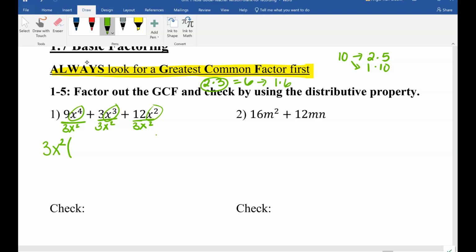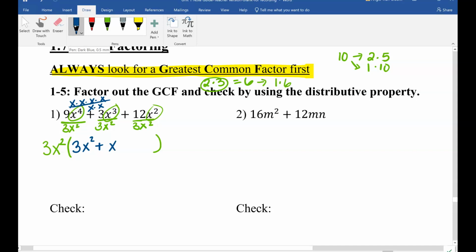So when I divide them out, I should have leftovers. 9 divided by 3 is 3. x to the fourth divided by x squared: that means I have 4 x's on the top and 2 x's on the bottom because it's x squared, so I should have x squared left. 3 divided by 3 is 1, so technically we could write a 1. x to the third divided by x squared is now 1x left, but normally we don't write the 1 in front of the x.